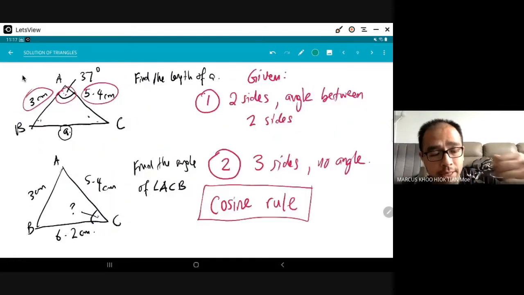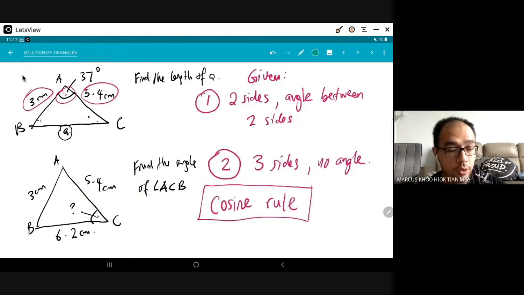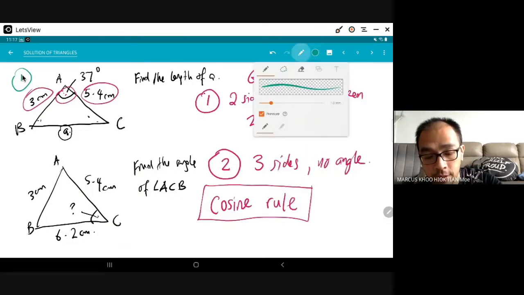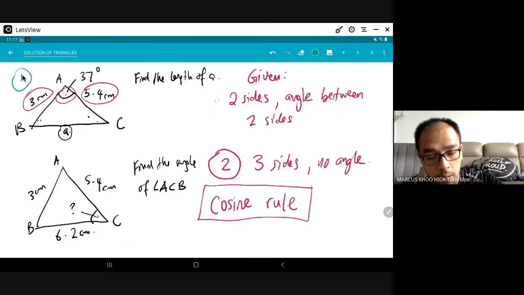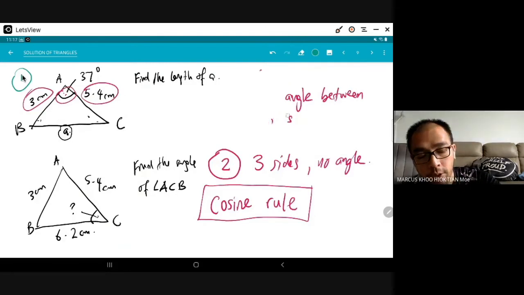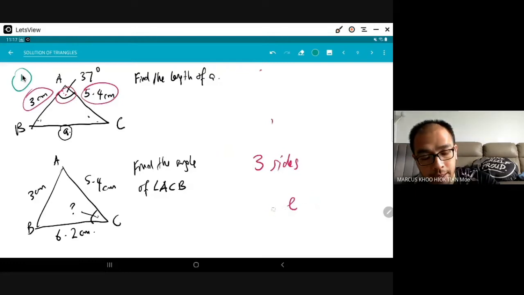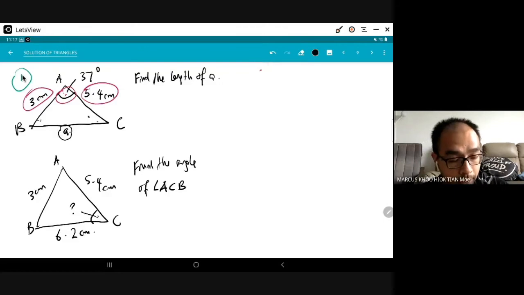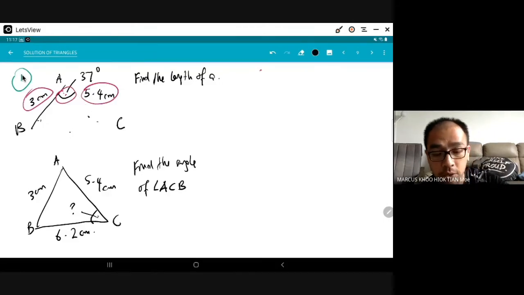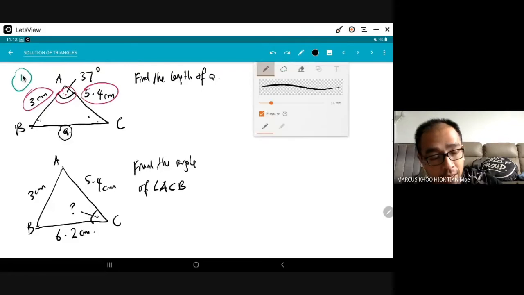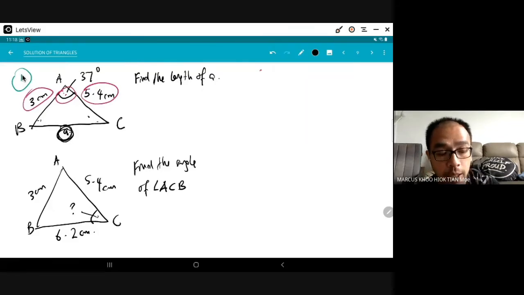Okay, let's go back to the example that I showed you just now. This number 1. I'm going to rub this off. So the question is find the length of A. Here is A, right? So if this is A, look at the angle given.